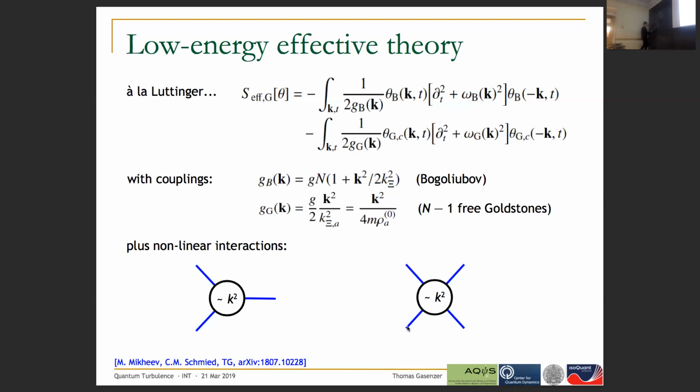And rho in X space is given by psi dagger X, psi X. So rho in K space is given by a sum over P, psi dagger K plus P, psi of P, roughly, maybe some minus signs wrong.